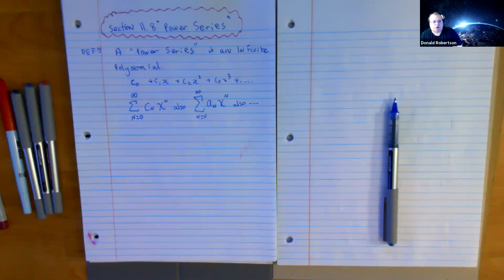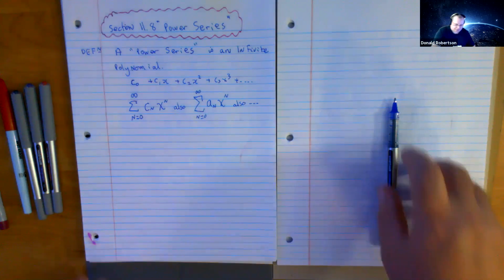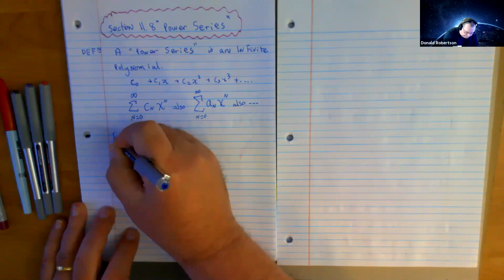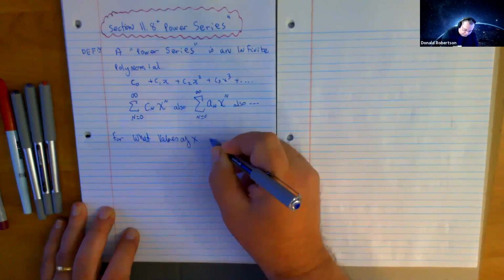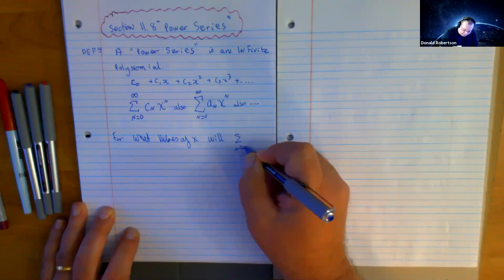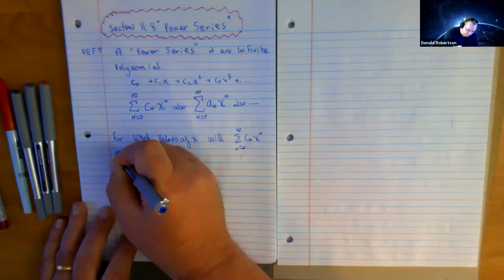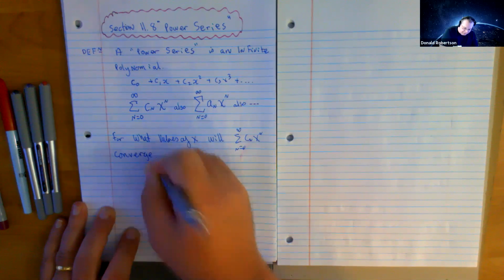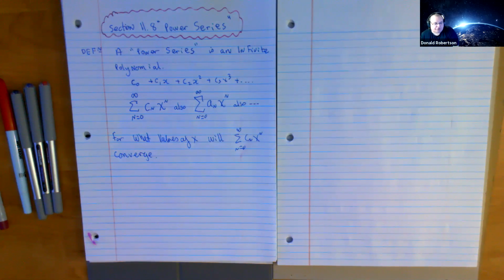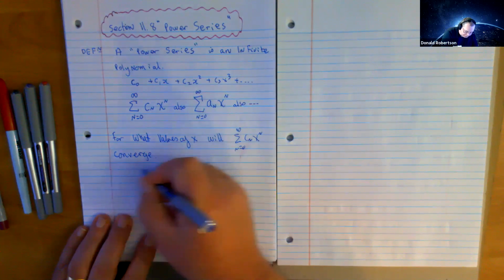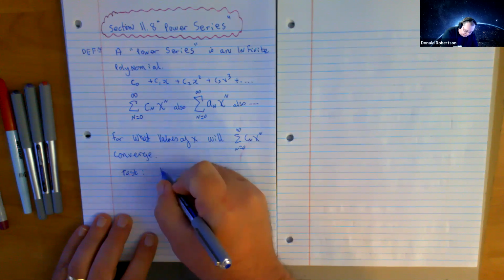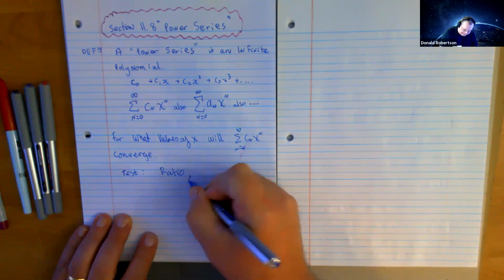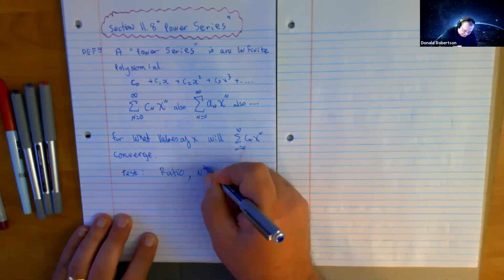Now, right now we are going to look at for what values of x does any given power series converge? So that's essentially our question. For what values of x will a power series, such as this one, converge? Now, to answer that question, we are going to be using some tests. In particular, we're going to be using the ratio test, less common, but occasionally after that, the nth root test.